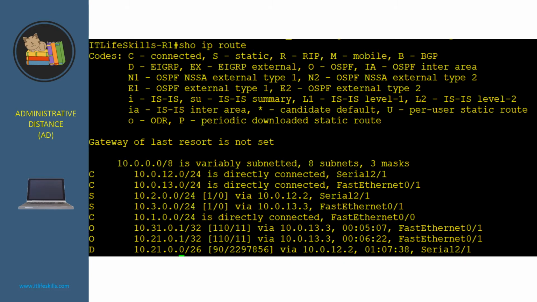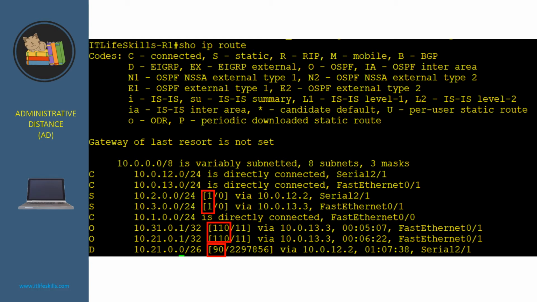As you know, the router uses the administrative distance, or AD, to make sure only the best routes get promoted into the routing table. By default, a connected route has AD of 0, a static route has AD of 1, OSPF has AD of 110, and EIGRP has AD of 90. The best route is the one that has the lowest administrative distance.